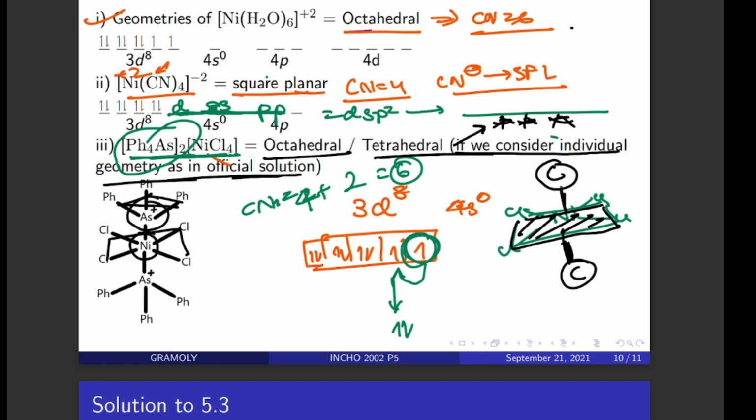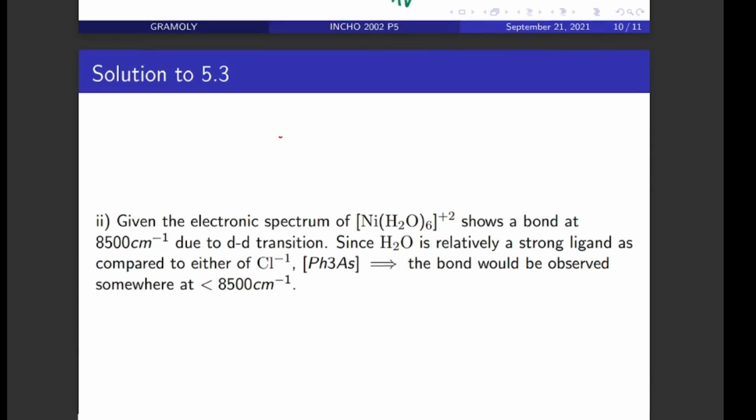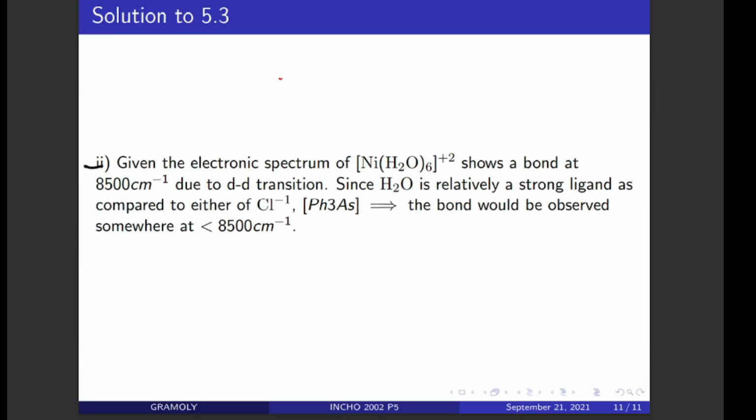So that was that, and coming to the last part, whose answer we had already derived using some street smart methods, but if we desire to solve it technically, we can proceed this way.